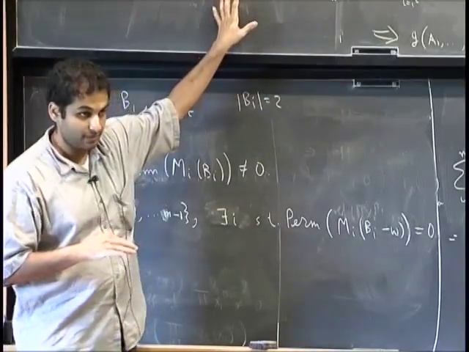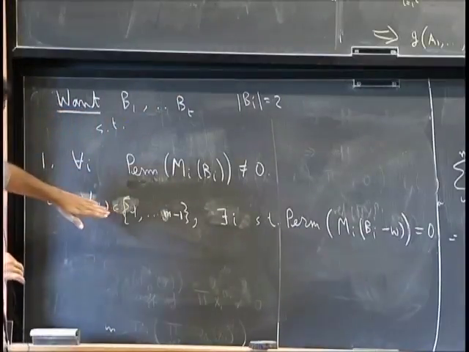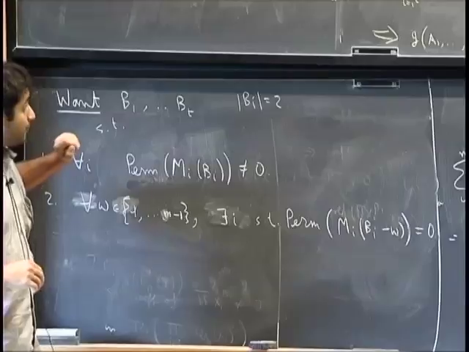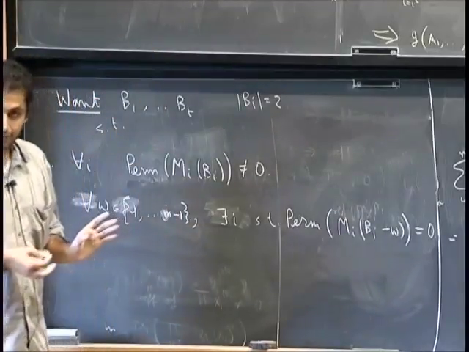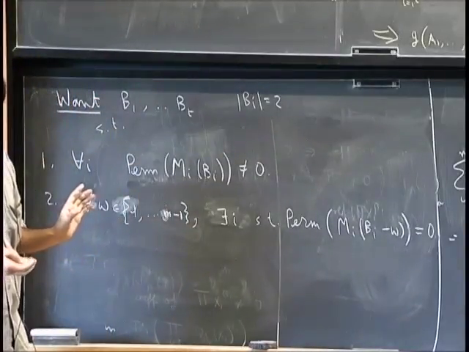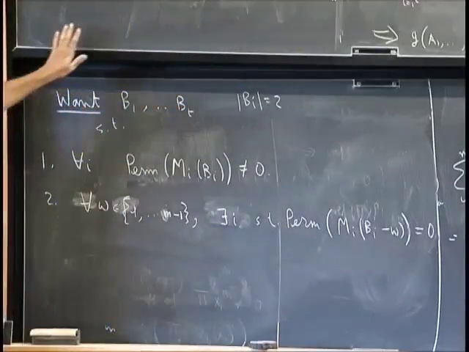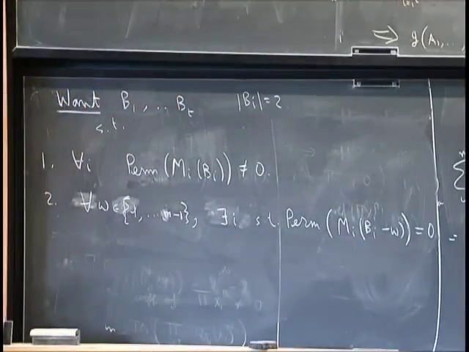Therefore, this term turns out to be non-zero. But for any other shift w, one of these permanents ends up being 0. Okay, that will ensure that the sum of all these terms is non-zero. In fact, the B_i's are forced on you because the only information you have about non-zeros of the coefficients is about the highest coefficient.